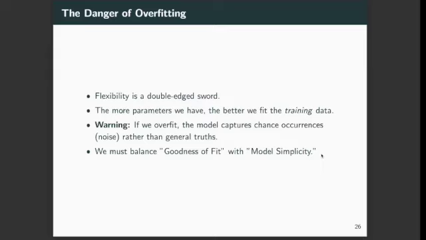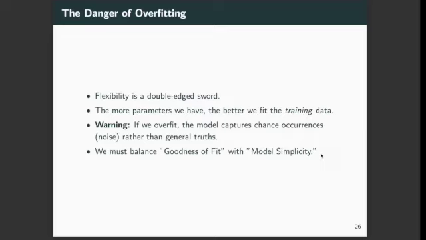That's also the same as in a model. The flexibility can become a double-edged sword. The more parameters we have, the better we are at fitting the training data, but we may cause the model to overfit, and the model captures random noise rather than the general truth.